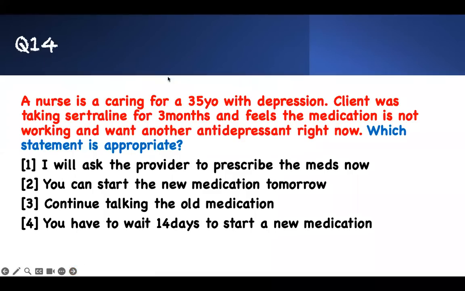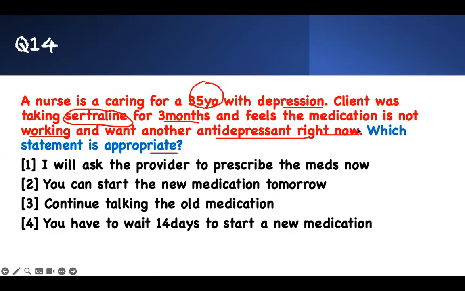Two more, then we're done. Which statement is appropriate? A nurse is caring for a 35-year-old female with depression. The client was taking sertraline for 3 months and feels the medication is not working and wants another antidepressant right now.